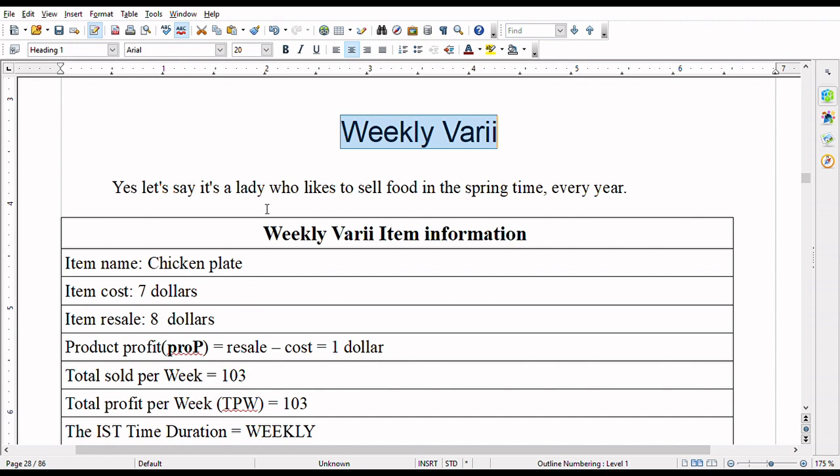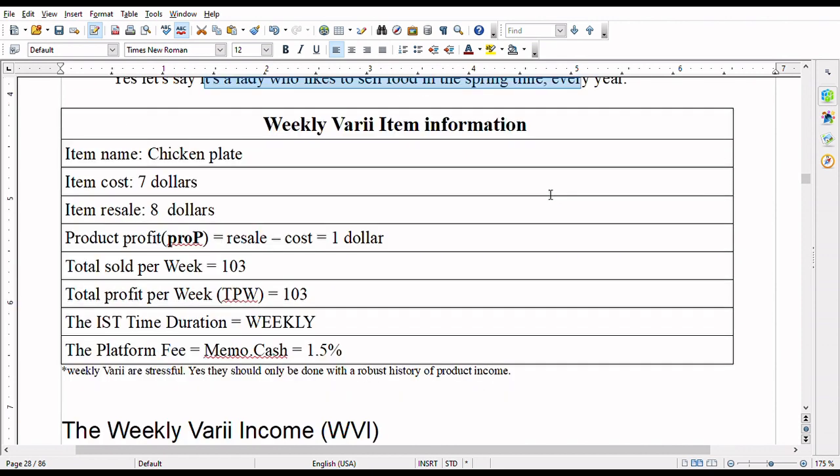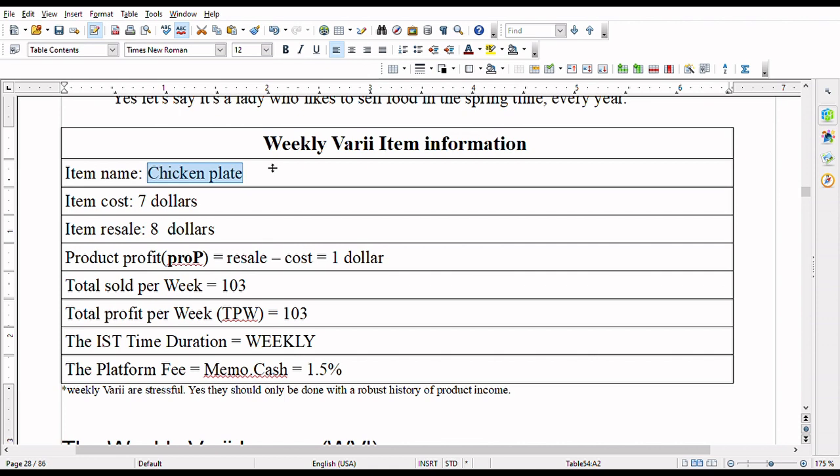In this example, we'll have a lady who likes to sell food in the springtime every year. And we see that it's a chicken plate, which can be sold all over the world. And we see we have the cost here and the resale and the product profit, the Pro P, which is of course the resale minus the cost.